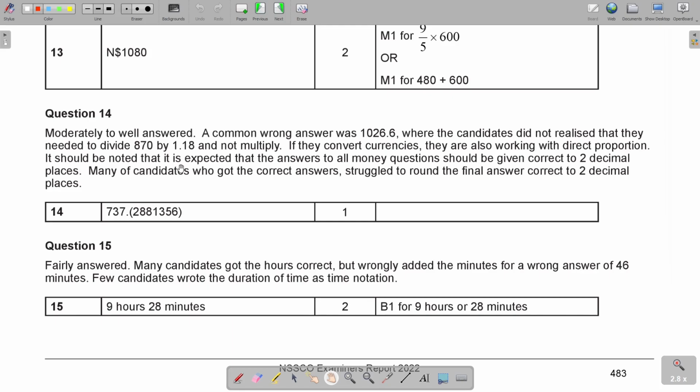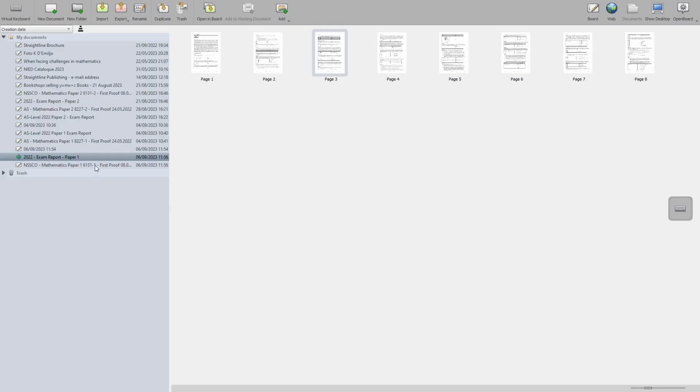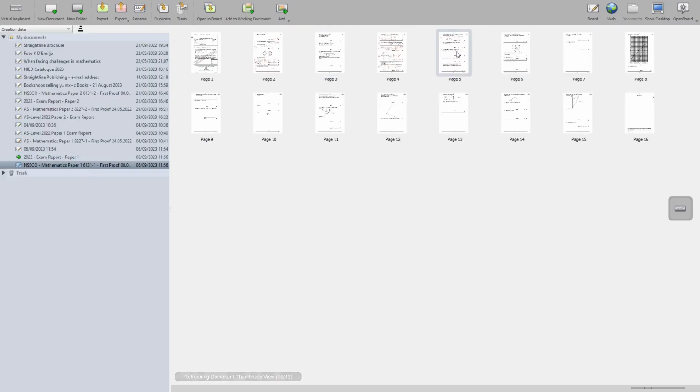It should be noted that it's expected that the answer to all money questions should be given correct to 2 decimal places. It stands also in the textbook like that. Many of the candidates who got the correct answer struggled to round the final answer correct to 2 decimal places. So it's helping you first to write the calculator display and then do the approximation. Okay, let's go back to the question.